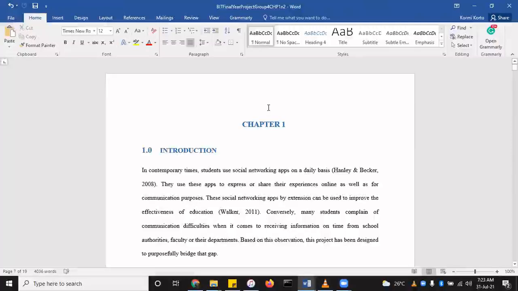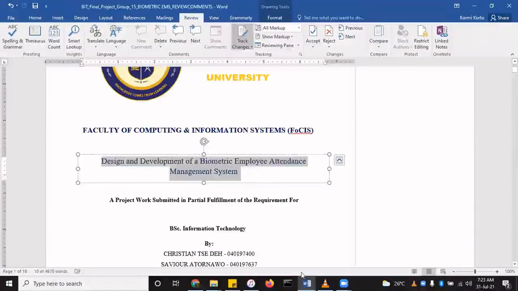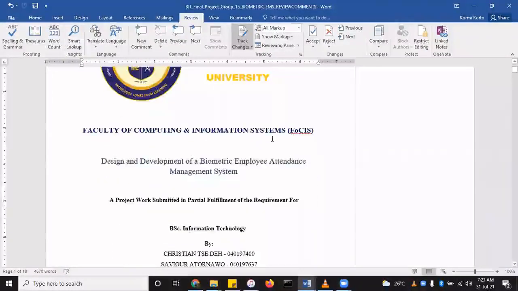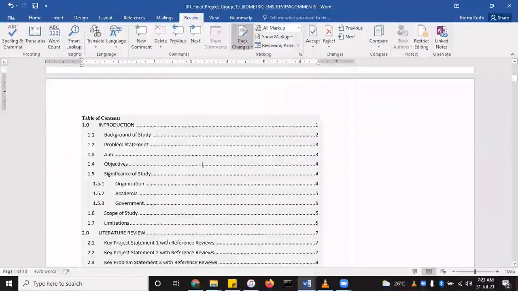You can even incorporate your table of content as well. Perfect, like this guy actually did. So he's got his title page and then table of content.